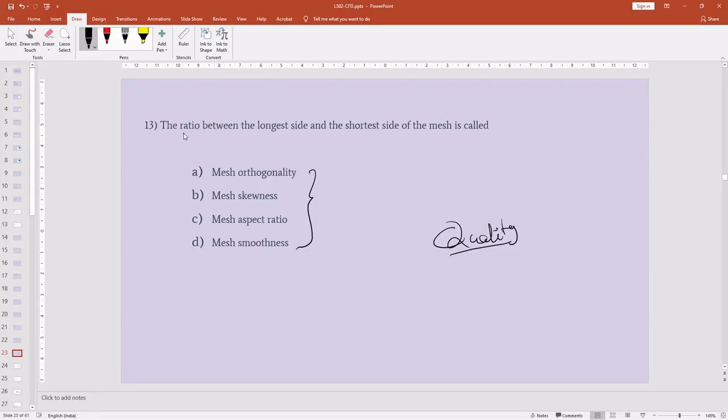Also, by the word aspect itself, we can assume that it is something related to shape. So let's see. Actually the answer is mesh aspect ratio. Let us see what these other quantities are.